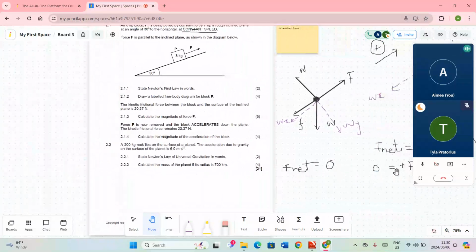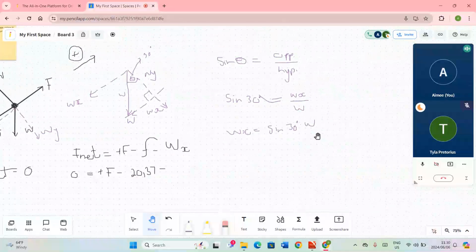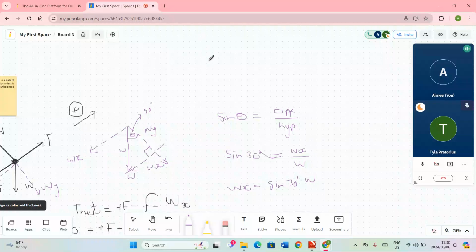So the mass of the block is 8 kilograms, and you know your formula. Weight is equal to mass times gravitational acceleration. So it's equal to 8 times 9.8, because that's our value for gravitational acceleration in physics. Okay?